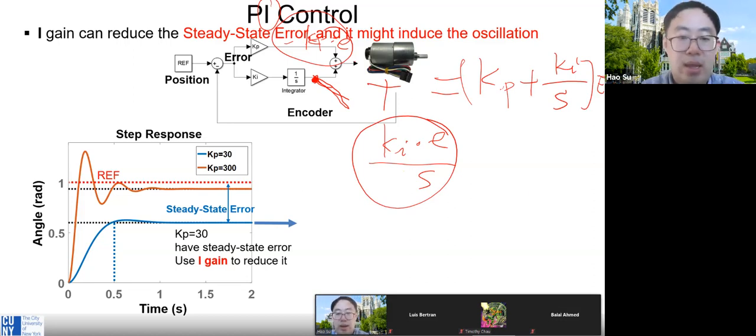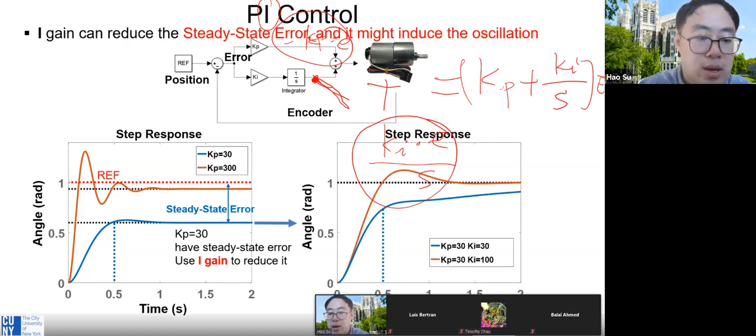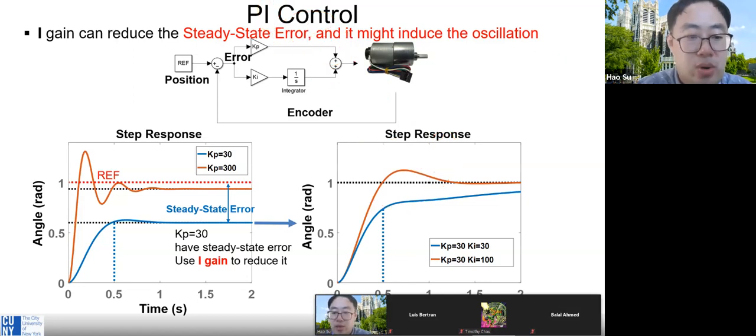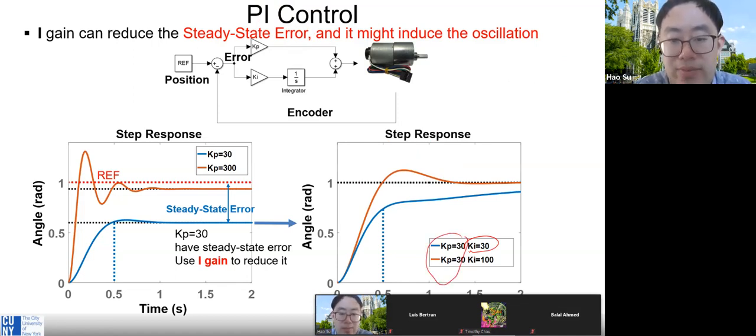So this is what you get from this PI controller. And if you look at the result from this PI controller, if you use the same P gain with different I gain, you can see both have better performance. You see the blue line, the steady state error is getting smaller, which is good.